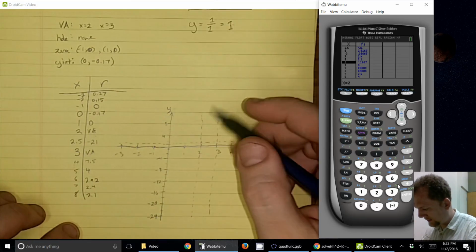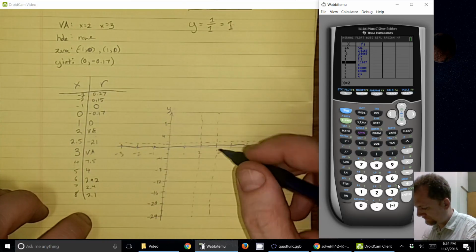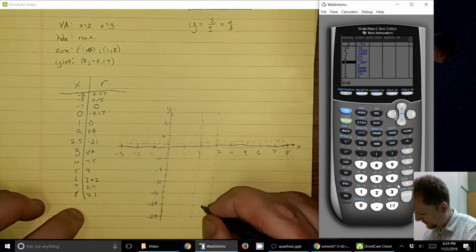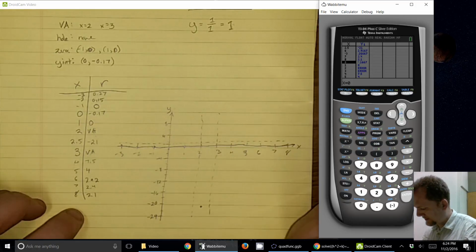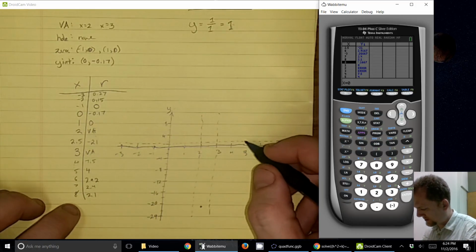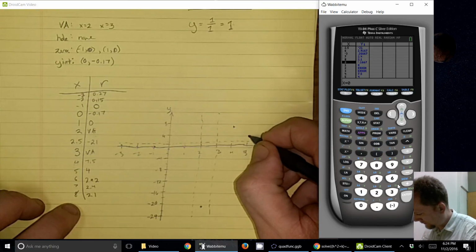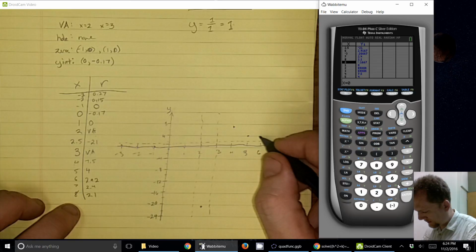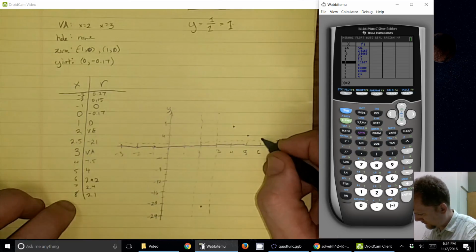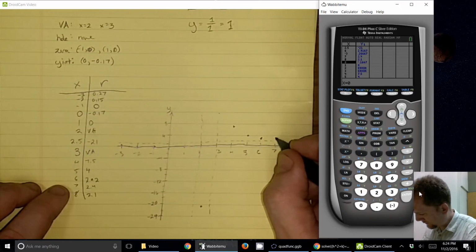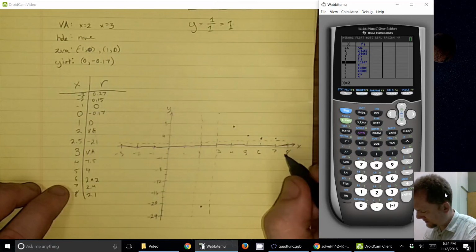That's okay. At 2.5, we got negative 21. So we're way down there. And then 3 was vertical asymptote. 4 was 7.5. So about right there. Then 4. And that's essentially 3. 2 at 0.4. Remember, that line represents 1.